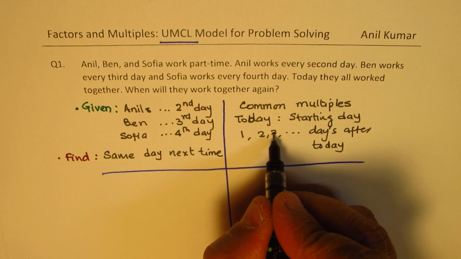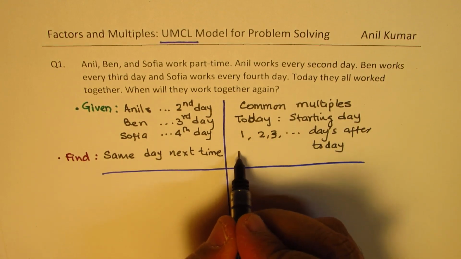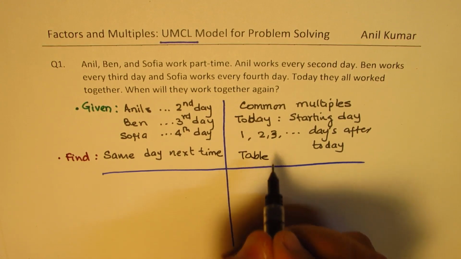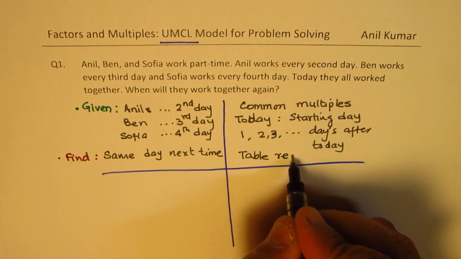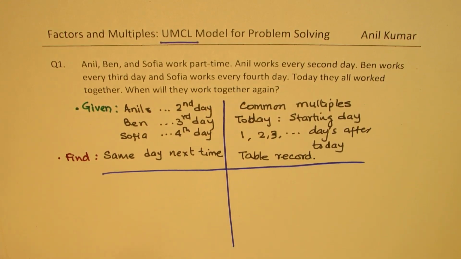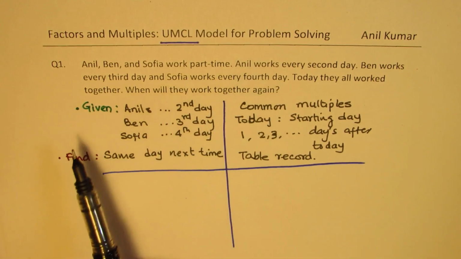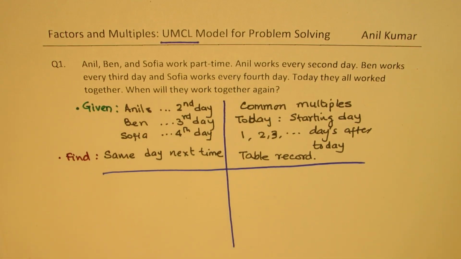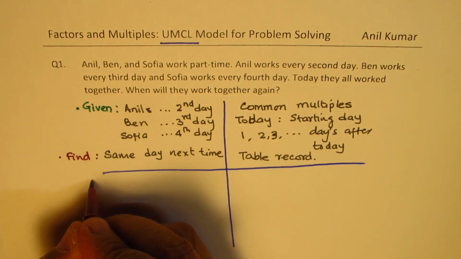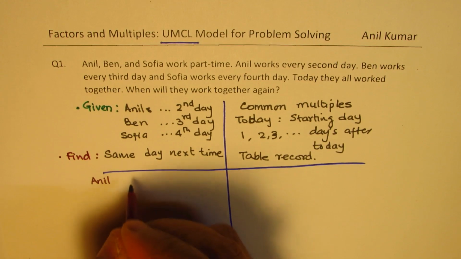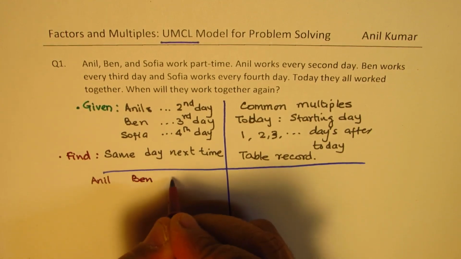We are going to make a table which can help us record. So that is our plan. Let's begin with Anil. We have 3 persons here: Anil, Ben, and Sophia.